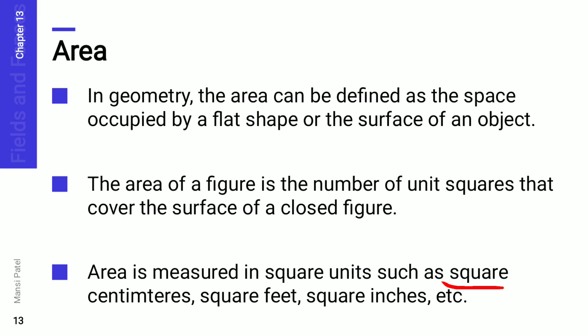If it is a centimeter, write square centimeter. If the unit is meter, write square meter. If it is kilometer, use square kilometer. For the area, you have to use the word square before writing the unit.